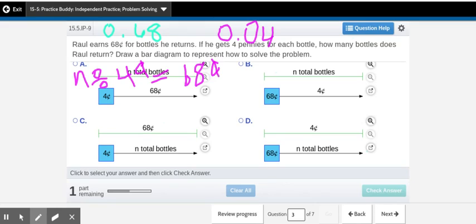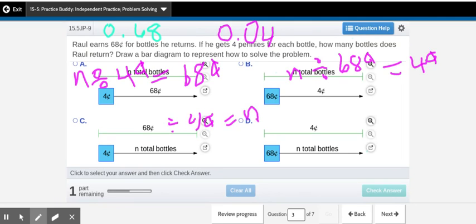B is showing us N divided by our 68 cents, which equals our 4 cents. That, again, doesn't make sense. Let's look at C. C is saying 68 divided by our 4 cents gives us the number of bottles that we need.